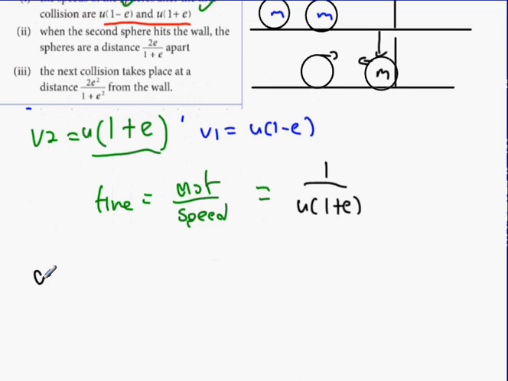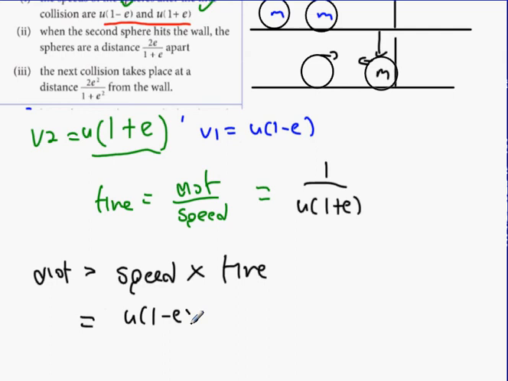Distance equals speed multiplied by time. Speed of the first particle is u into 1 minus E, and we're going to multiply that by our time, which is 1 over u into 1 plus E, and that ends up to be 1 minus E over 1 plus E. So that's how far we travelled.